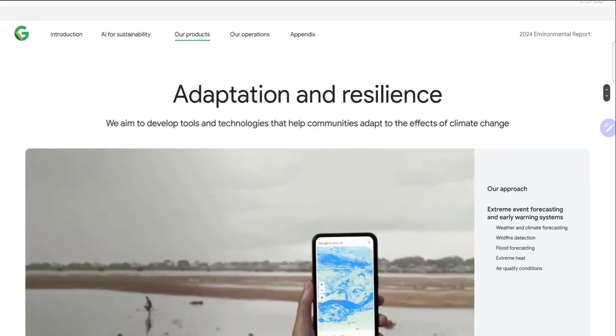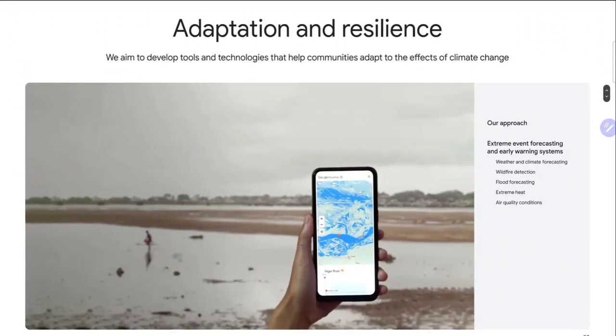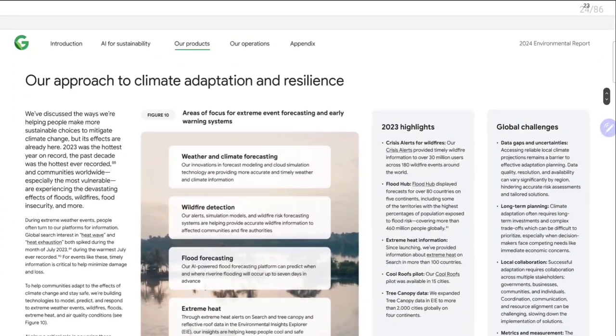Adaptation and resilience: in this we talk about the approach the company applied, and they have developed certain tools and technology that help communities adapt to the effects of climate change. Information highlighted here includes weather and climate forecasting, wildfire detection, flood forecasting, extreme heat, air quality conditions.